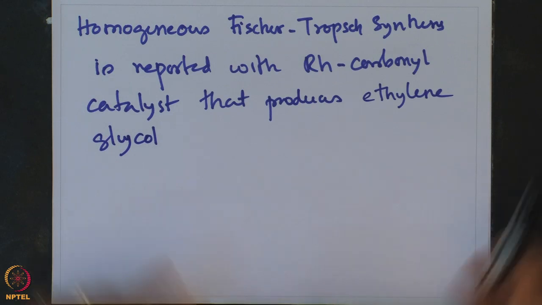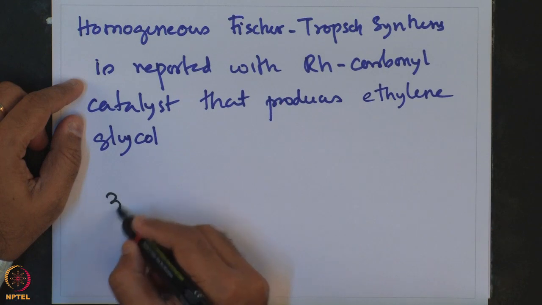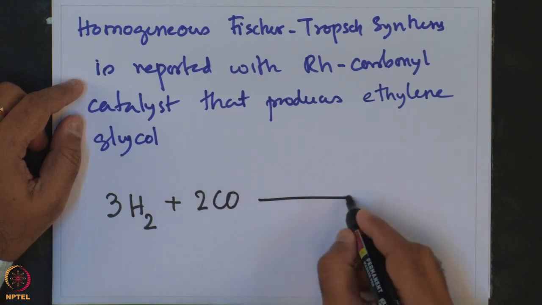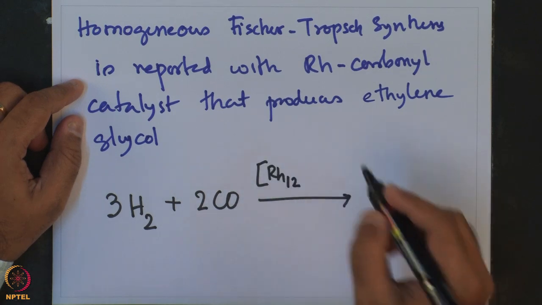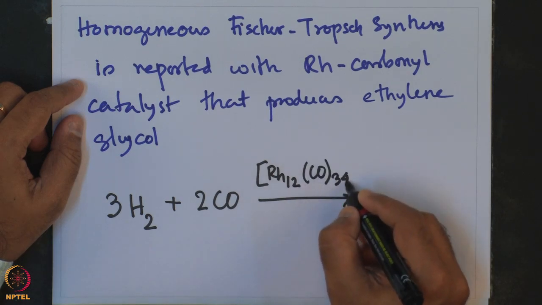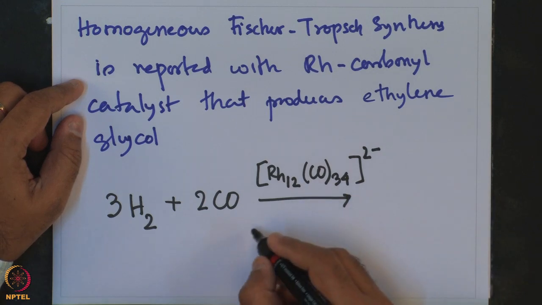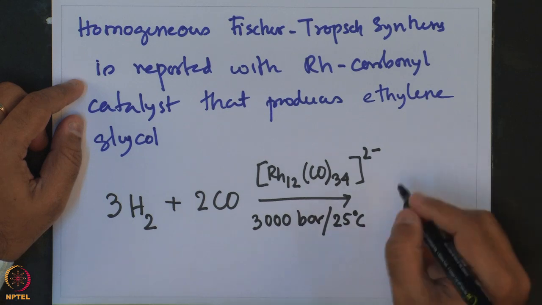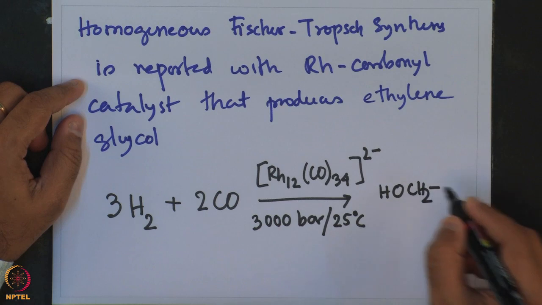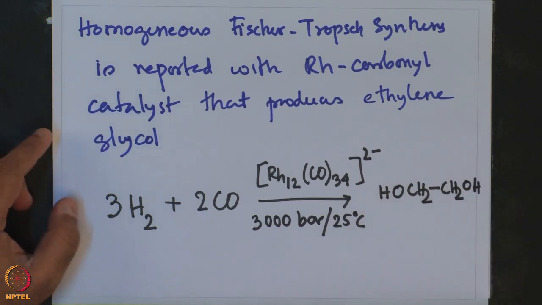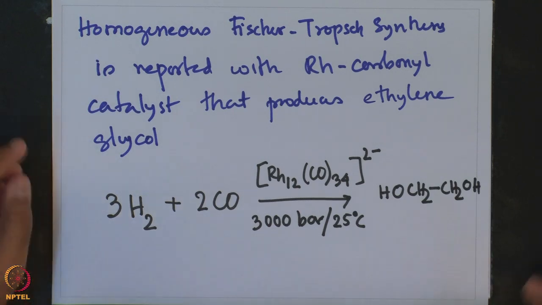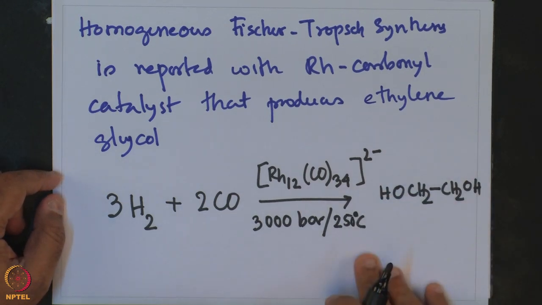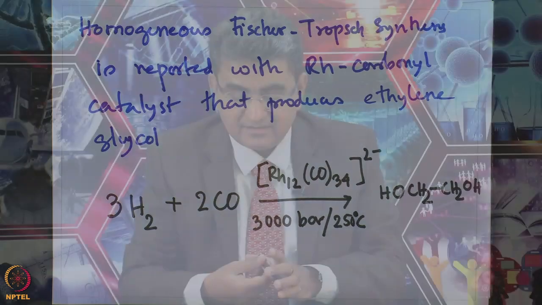And this is given by the following reaction: 2 CO plus 3 H2, with rhodium 12 CO 34 2 minus, at 3000 bar and 250 degrees centigrade, produces CH2OH CH2OH, and this ethylene glycol is obtained under homogeneous catalysis condition at a very high temperature of 250 degrees centigrade and a very high pressure of about 3000 bars.